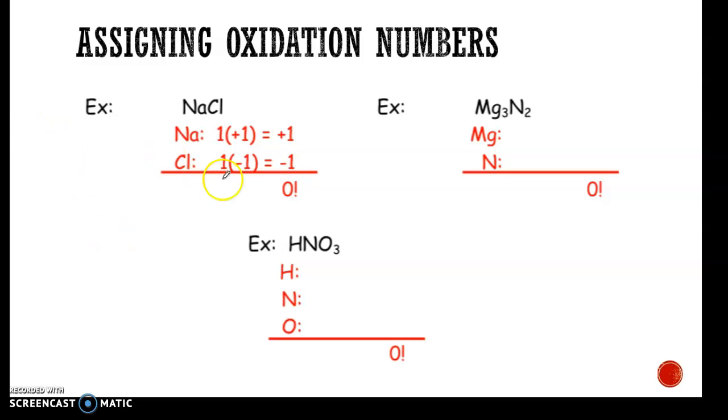So if we look at Na and Cl over here, NaCl has a total oxidation state of 0. However, Na within NaCl has an oxidation state of +1, while Cl has an oxidation state of -1. NaCl in total has an oxidation state of 0. This is what makes it a neutral compound, if the oxidation states of each element cancel out to get 0.